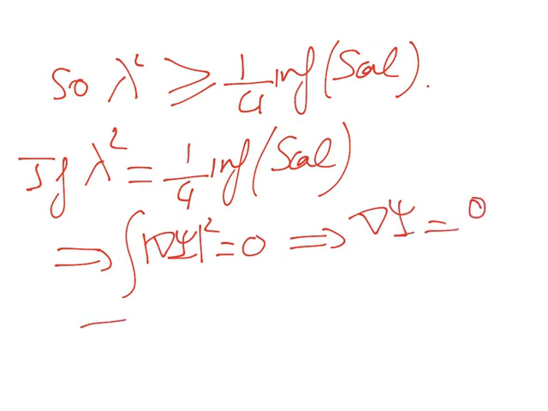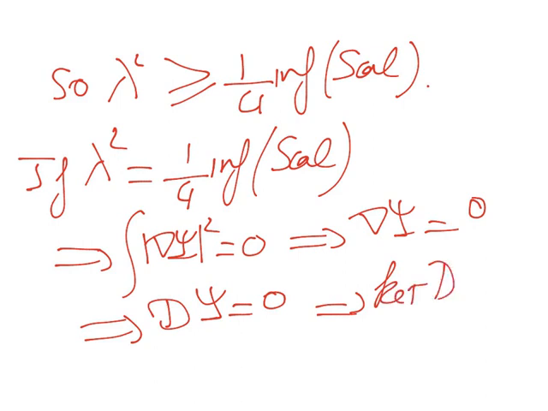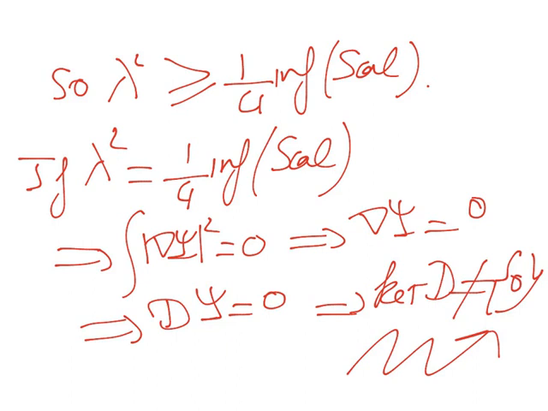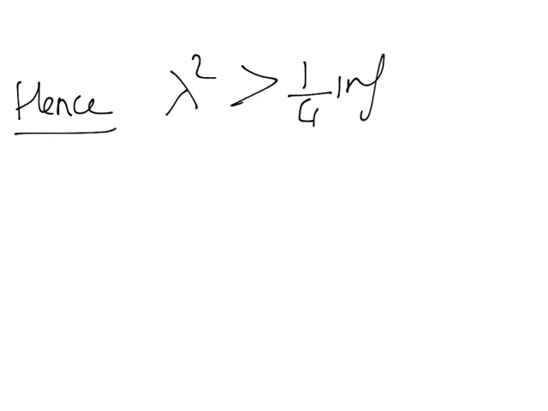If nabla psi is 0, so D psi is 0, and since psi is an eigenspinor, it's a non-trivial spinor field, so the kernel of the Dirac operator is not trivial, which gives a contradiction. Hence, the inequality is strict, lambda squared strictly bigger than 1 over 4 the infimum of the scalar curvature.